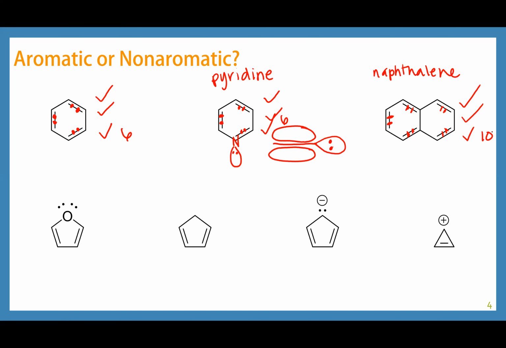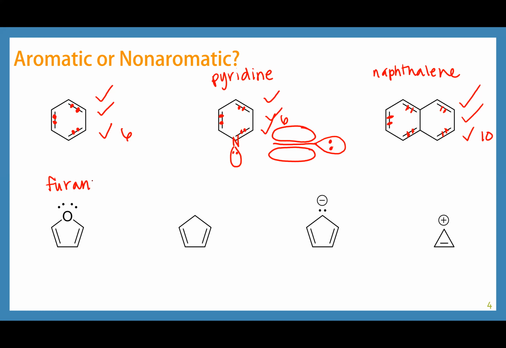Okay, so this next one is furan. And this one's a little trickier. Do you guys remember why? Why is this one kind of tricky? Because we only count one pair of electrons from the oxygen and not the other.